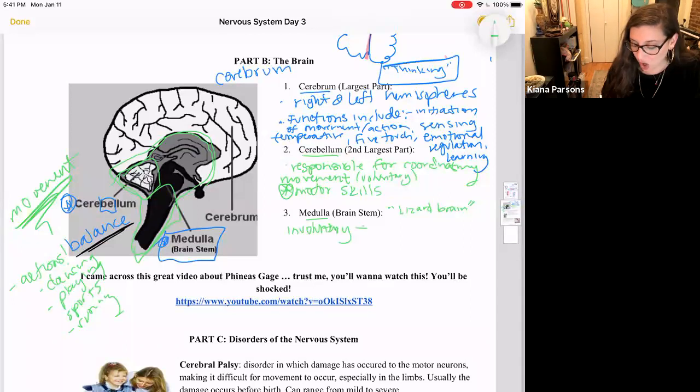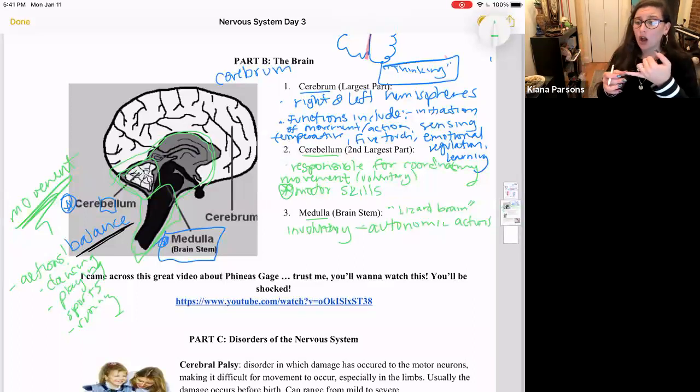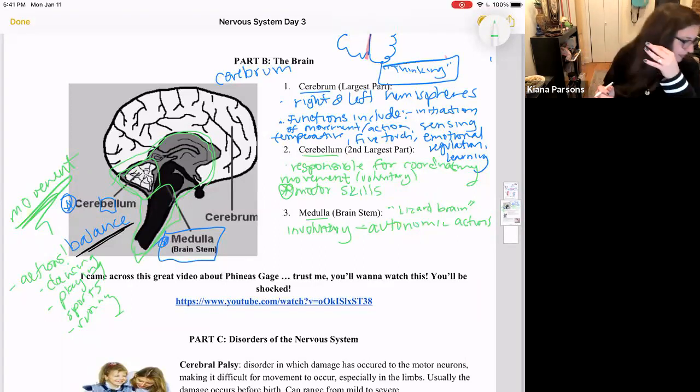So you can think of that as automatic, but autonomic actions, which include regulating things like your heartbeat, blood pressure, vascular and arterial contractions, carrying messages between the spinal cord and the brain due to its position in the back of the brain, and other involuntary actions, which include vomiting, swallowing, sneezing, etc. So basically, things that your body does without you thinking about it are controlled by the medulla oblongata.